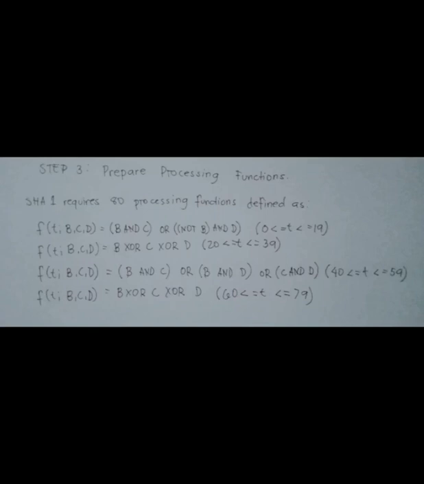Next, F_t(B, C, D) equals (B and C) or (B and D) or (C and D), for 40 <= t <= 59. And the last one is F_t(B, C, D) equals B XOR C XOR D, for 60 <= t <= 79.